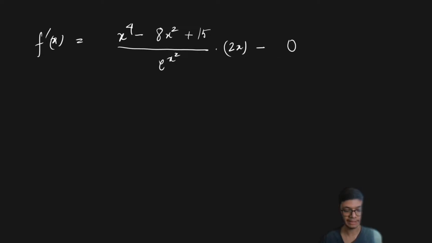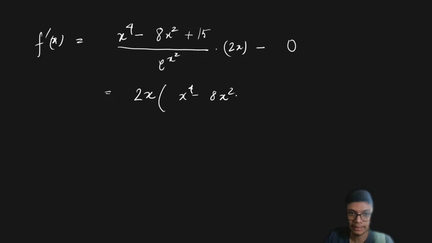So from here, we get the answer as 2 times x into (x to the power 4 minus 8x square plus 15), whole divided by e to the power x square.